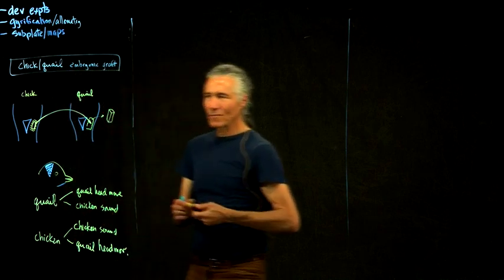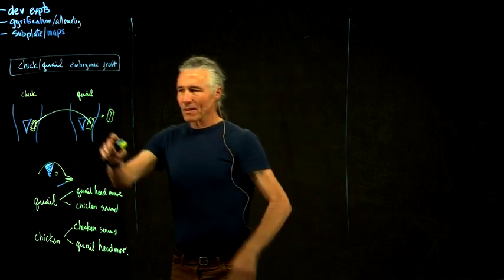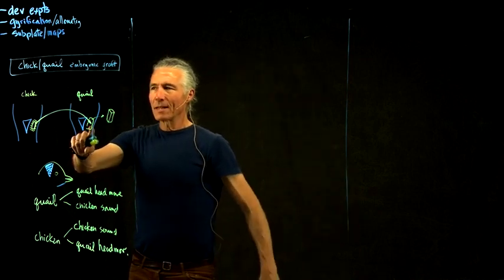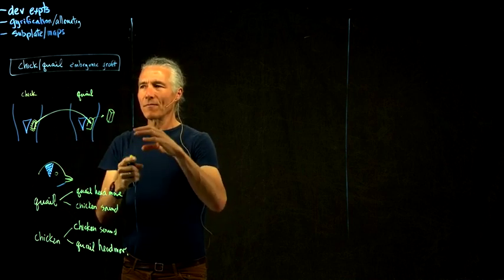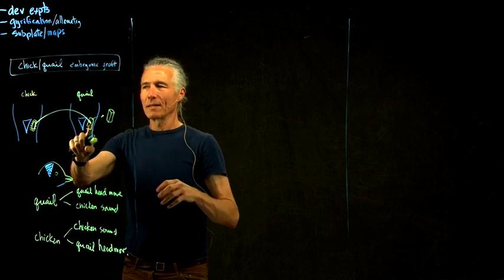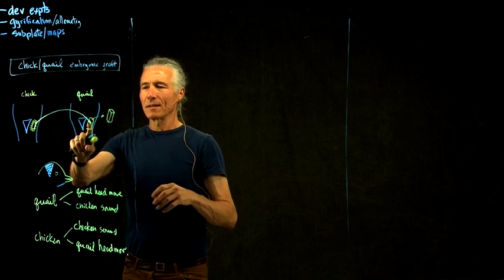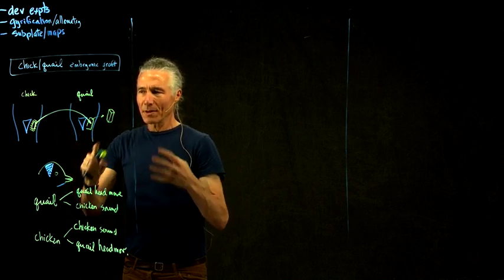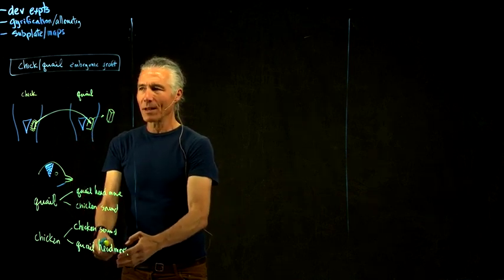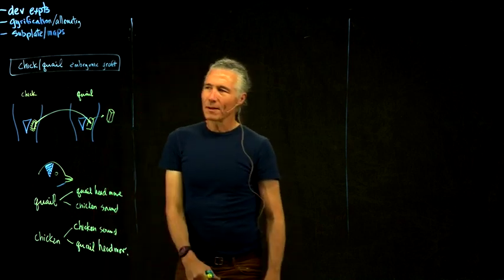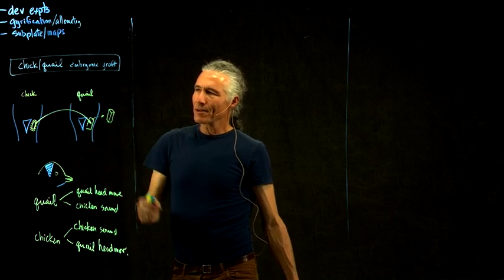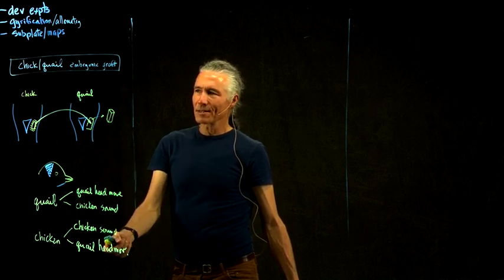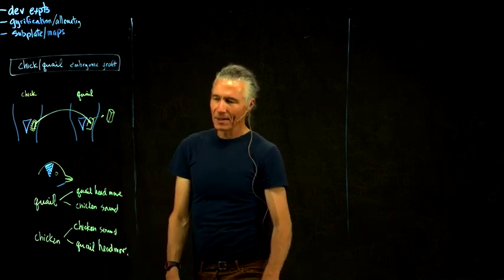So that shows that very early in development, these cells have already differentiated enough, even though they don't even have very many connections to each other yet. They're differentiated enough that they already know that they're going to make a circuit that makes the quail head movement. And if you transplant that into a chicken, you can actually cause the chicken to make a quail head movement.